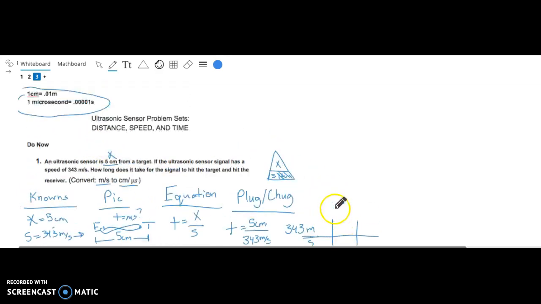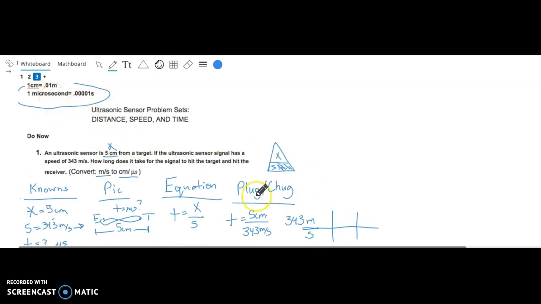So we have a meter at the top, so that means we have to have a meter at the bottom. We're going to look up here and find a number that has a meter next to it. That's 0.01, so we put 0.01 here. And then 0.01 meters is equal to 1 centimeter. And you know you did that right because the meters cross out. Next, you have a second at the bottom, so you're going to have the second at the top.